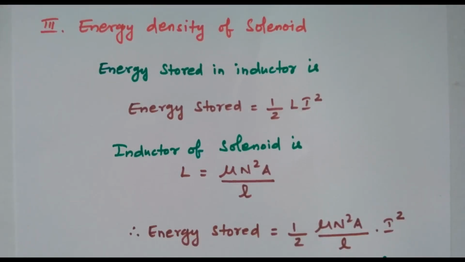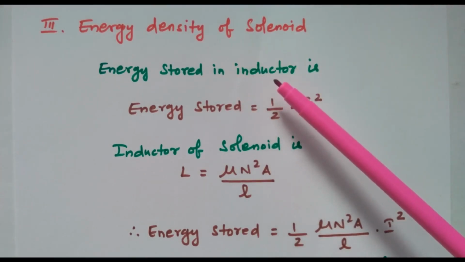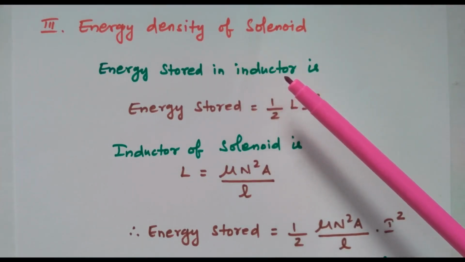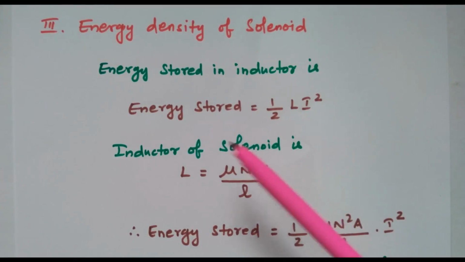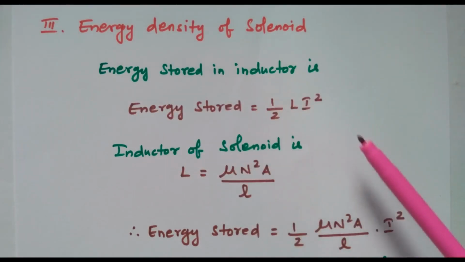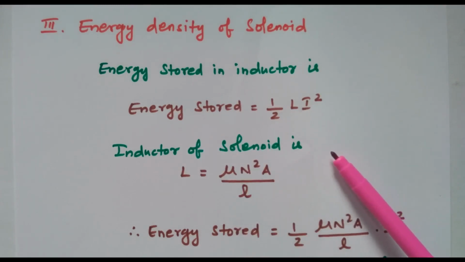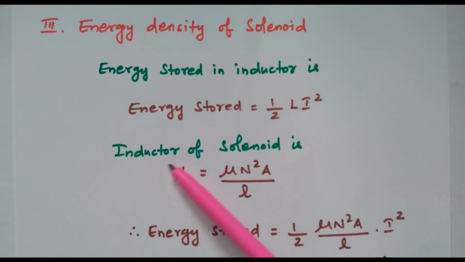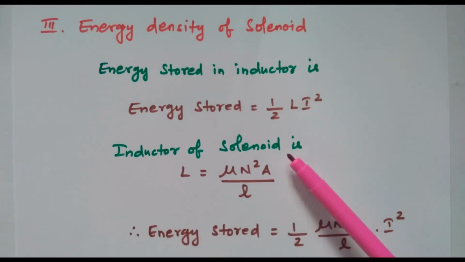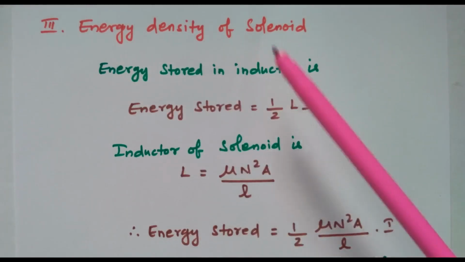So now the energy density of the solenoid, right? This energy density is nothing but energy stored per unit volume. First we refer to the energy stored in the inductor: energy stored equals half L I square. In the previous derivation we referred to the general formula. Here we are referring to the inductance of a solenoid, because we are going to find the energy density of the solenoid.